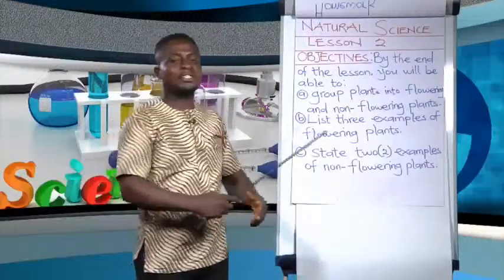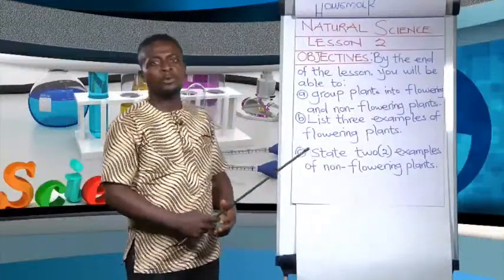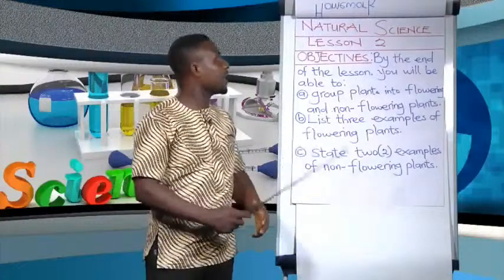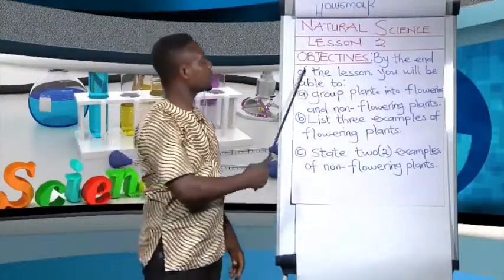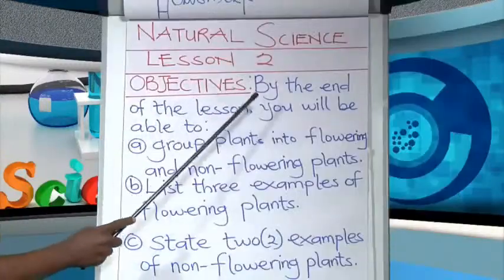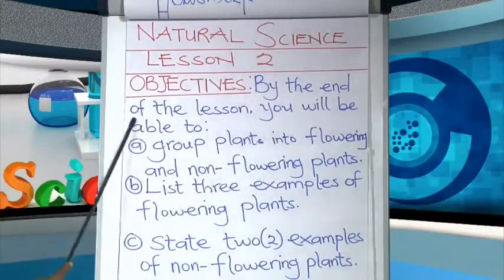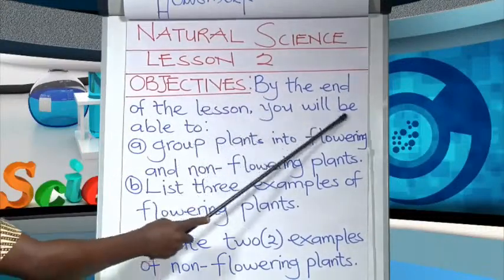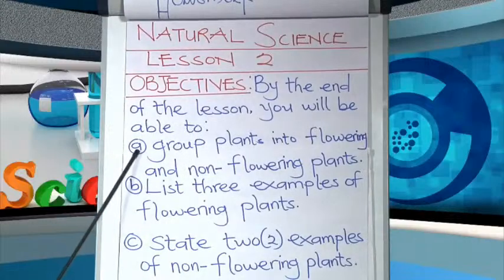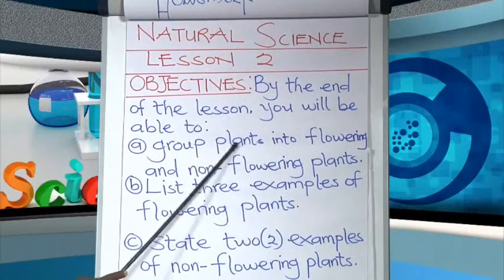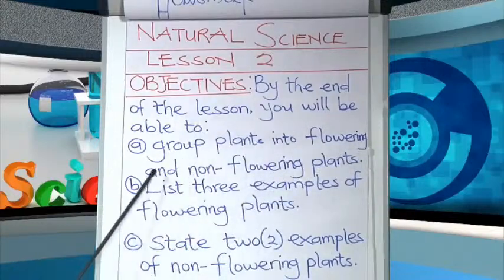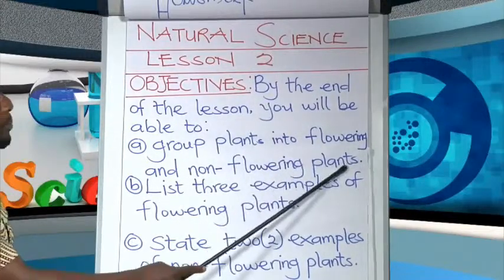This is our lesson 2. And our objectives are, I read, objectives. By the end of the lesson, you will be able to A. Group plants into flowering and non-flowering plants.